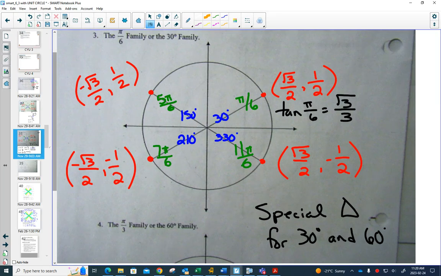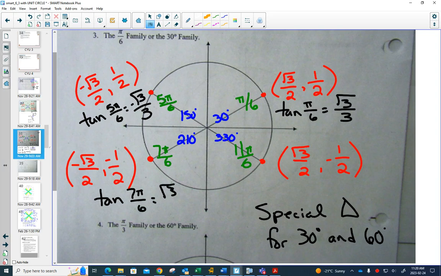And then using your CAST rule or your big idea, quadrant 2, it'll be negative. Quadrant 3, it's positive again. And in quadrant 4, it's negative again.